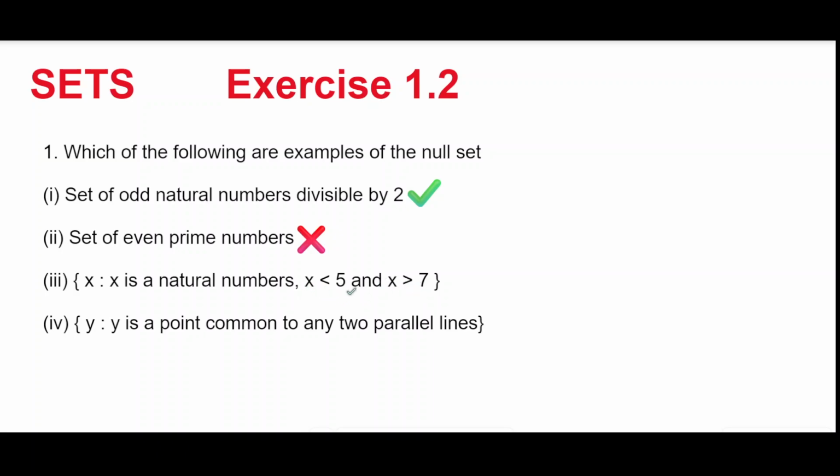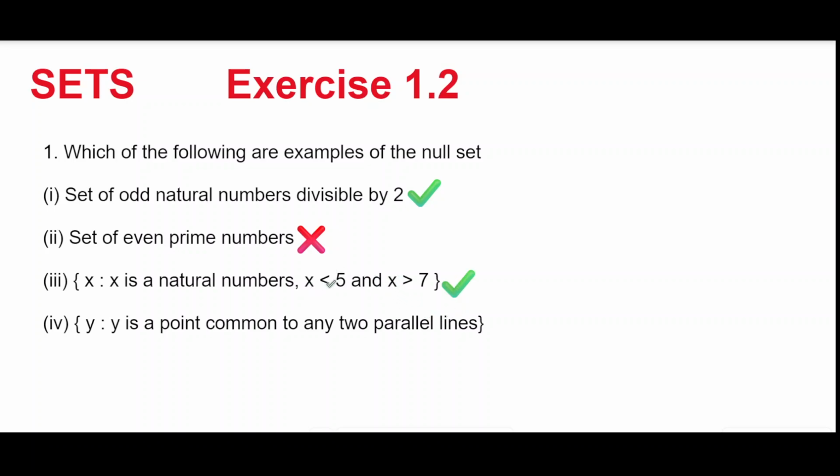That is like a complement. If we try to put x greater than 7, then we should put x less than 5. So simultaneously we cannot write any number, any entries in this set. So this is also a null set.